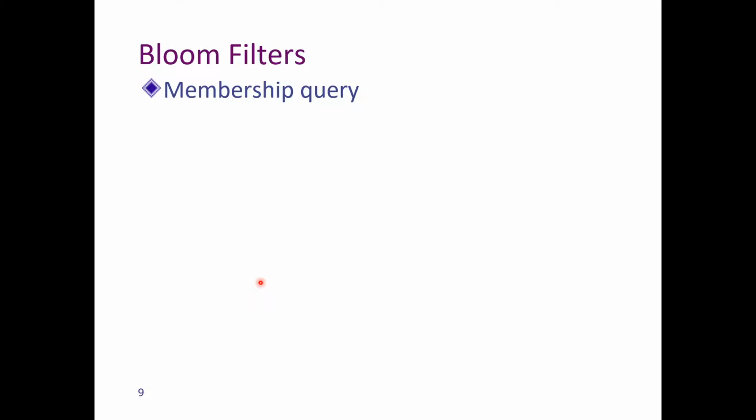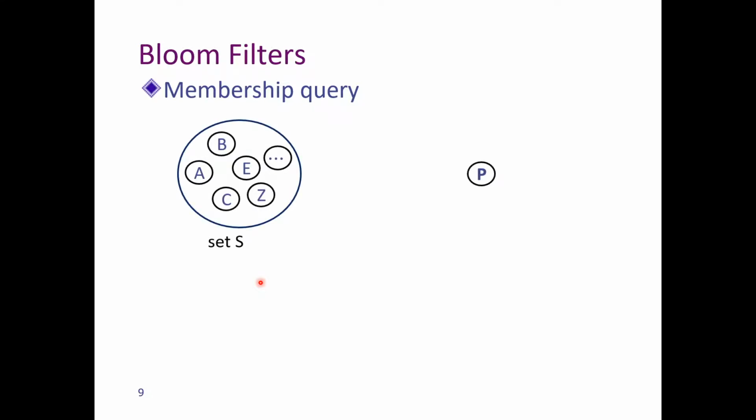Bloom filters are used for membership query. So what do we mean by membership query? Suppose we have a set S, okay? S includes a big number of members, A, B, C, D, and given an element P, we want to know: is P a part of S, which means is P included in S?